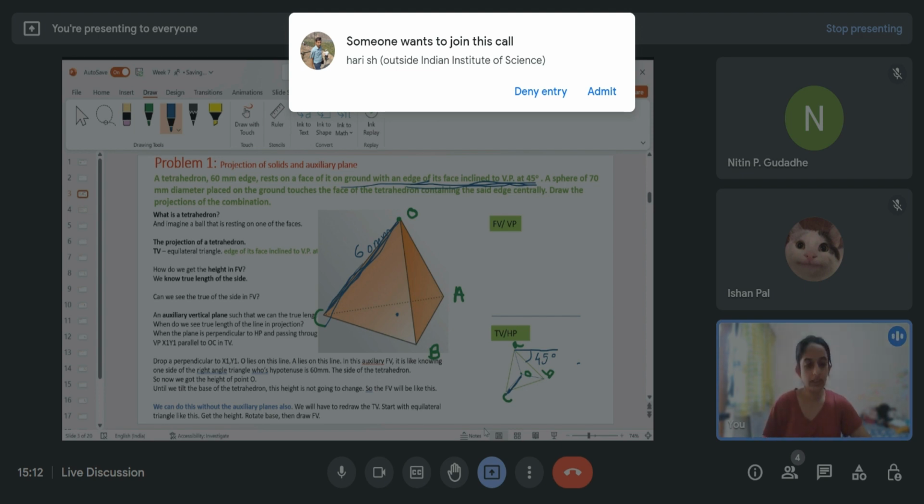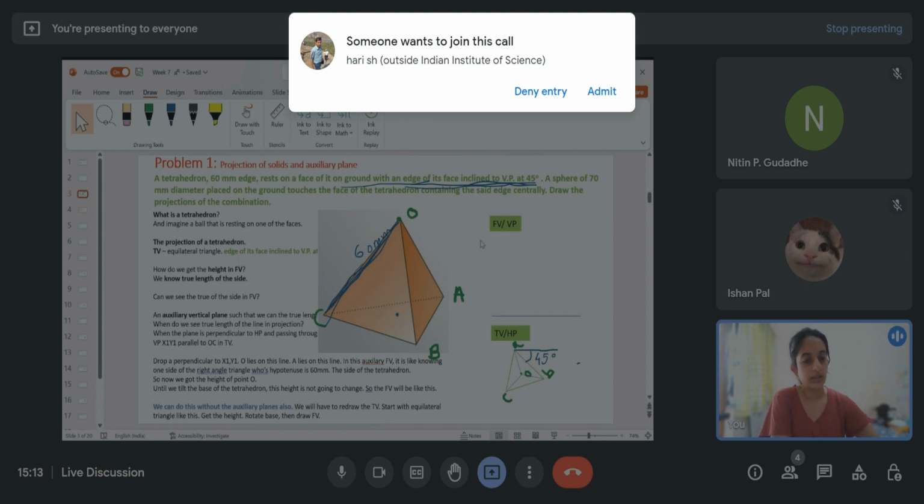But instead of doing that, we can also have auxiliary planes. Instead of rotating OC and getting it parallel to VP, I'll keep OC like this and I'll have an auxiliary vertical plane. This was the original vertical plane, this is OC. So I will rotate this vertical plane so that it becomes parallel to OC. That becomes the auxiliary vertical plane and it is already perpendicular to the horizontal plane. So in this plane, I should see the original length of OC.